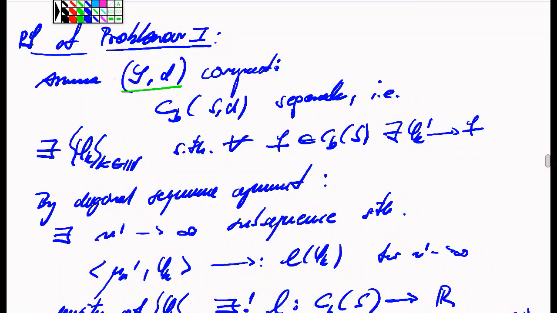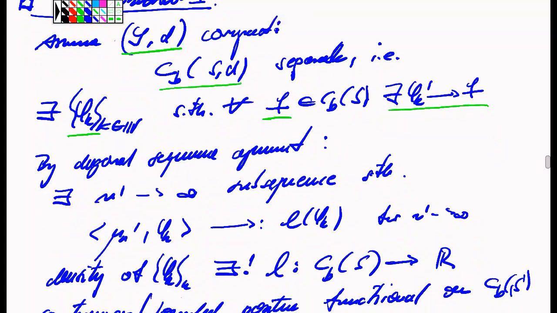And since the collection of continuous bounded functions on this space is separable, we find a countable collection of continuous bounded functions such that for any other continuous bounded function F we can find a subsequence phi k prime from this collection which converges uniformly to F.